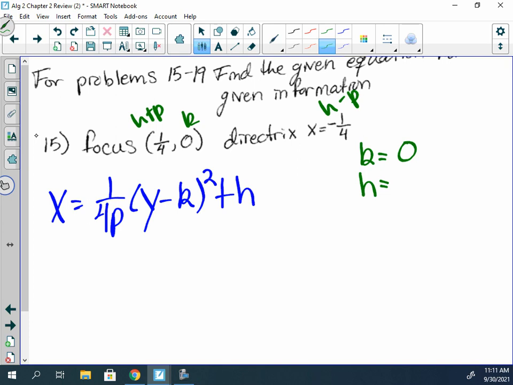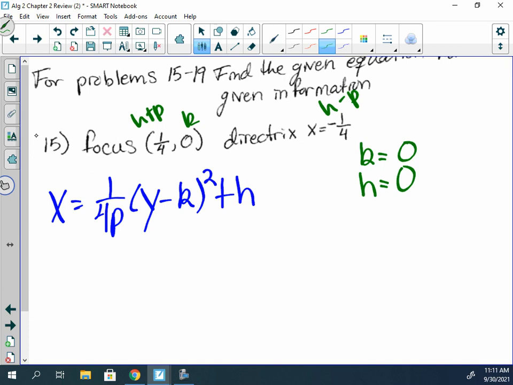Well, h plus p is 1/4, h minus p is -1/4. What's the only number I can add or subtract from and still end up with the same number, maybe a different sign? 0 plus 1/4 is 1/4. 0 minus 1/4 is -1/4. So really, if it worked out that the focus and directrix have the same value but opposite sign, the h or k has to be 0. That's the only way we can do it.